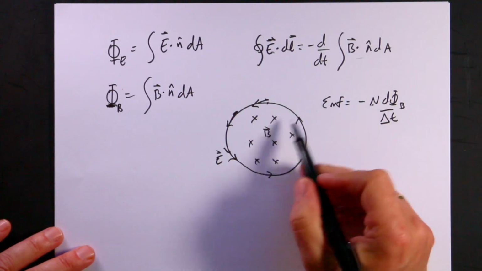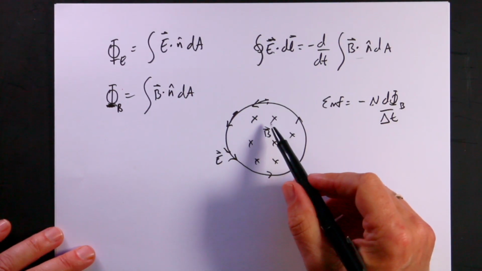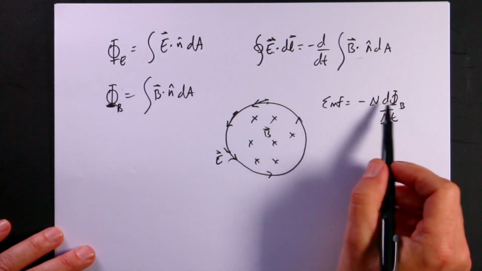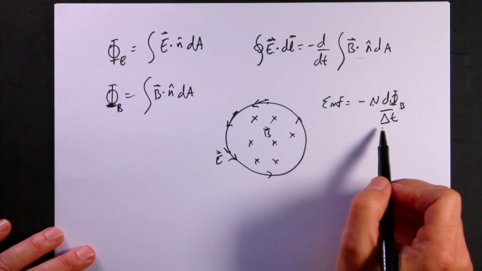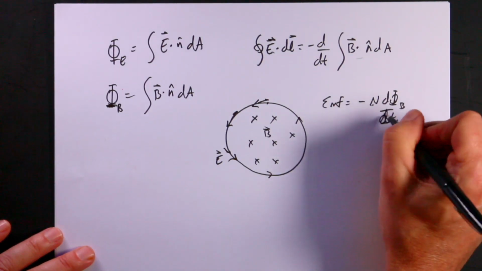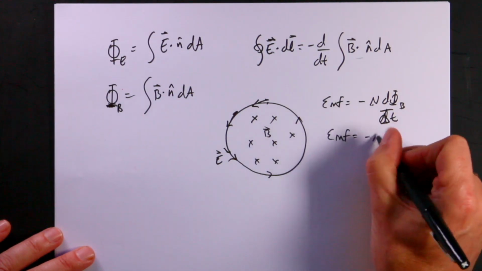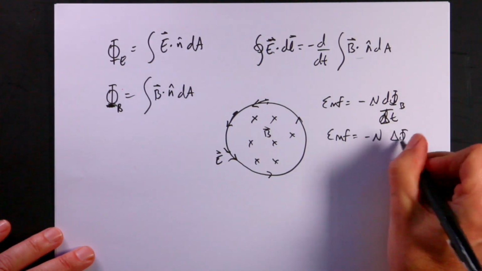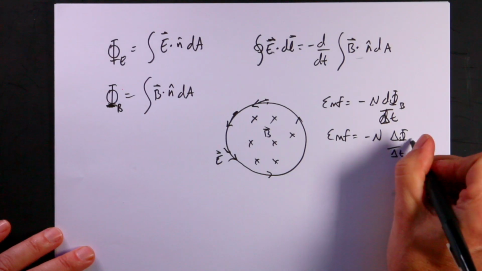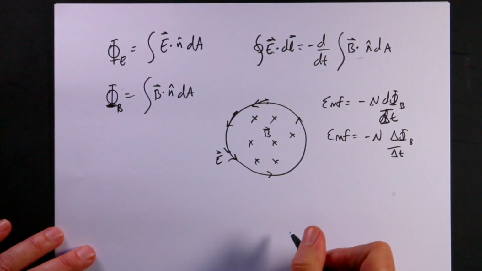N is the number of loops, because every loop has the same contribution to the total EMF. This is the magnetic flux, and the derivative is a rate. You could write it as, if the change is at a constant amount, delta Φ_B over delta t. So that's Faraday's law.